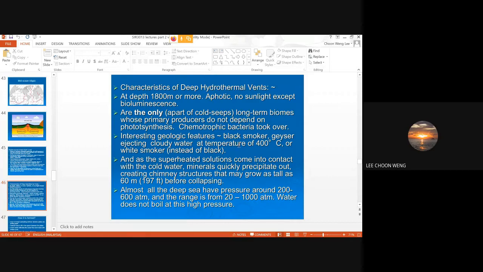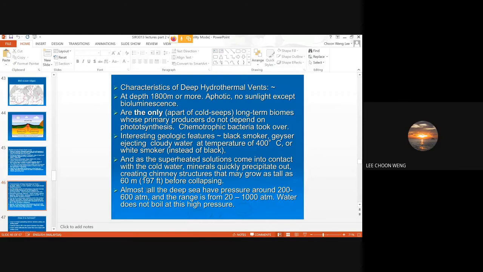Okay, so some interesting geological features. You'll have a black smoker. You also have a white smoker. Okay, so these are just chimneys where you can see black smoke and white smoke. So the chimneys are actually formed because of the precipitation of the minerals, okay, and can grow up to 60 meters before collapsing.